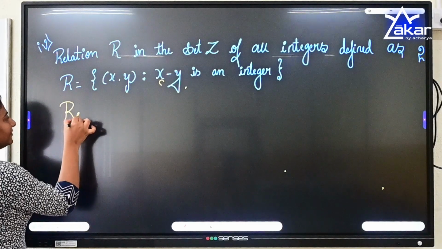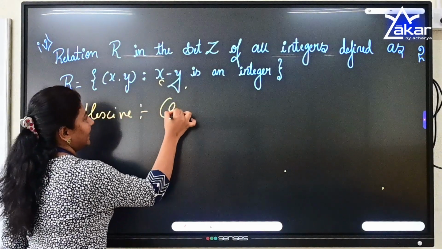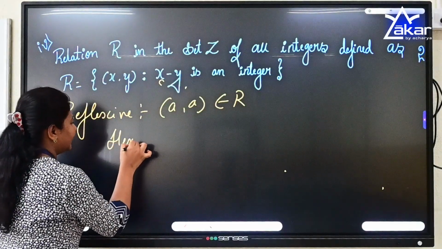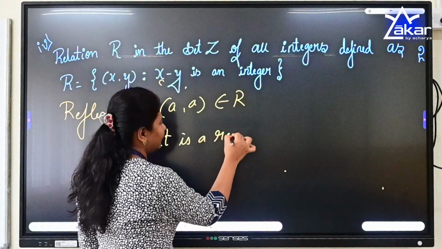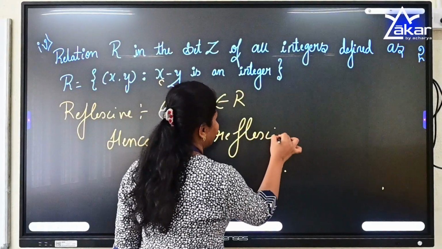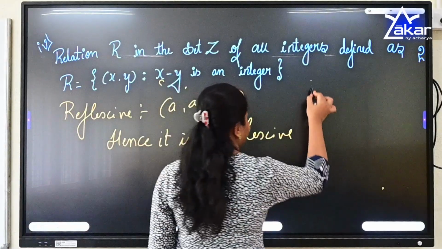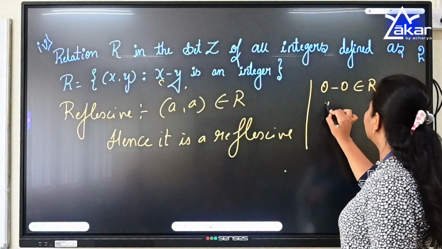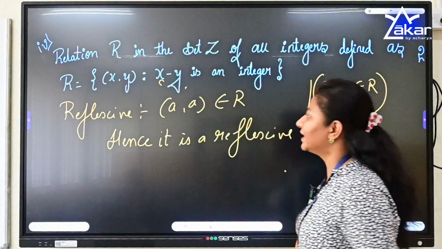For reflexive, that is A comma A belongs to R, hence it is the reflexive condition. It is reflexive. If you want an example, you can take any element. So 0 minus 0 belongs to R. So 0 belongs to R. So it is a reflexive condition.